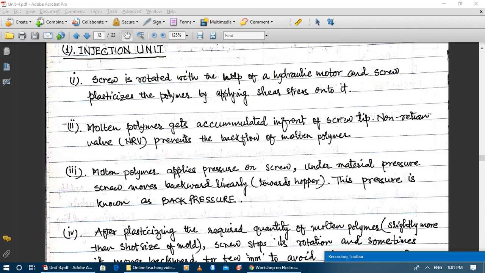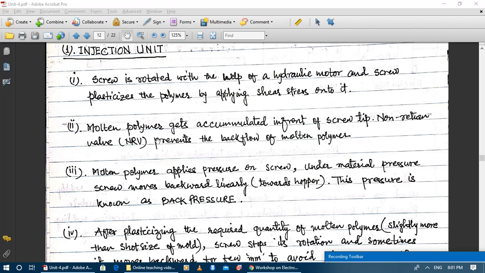As we have studied in the case of an extruder, there are drag flow and back flow. So in the case of an injection molding machine, to avoid the backflow of the polymer, a non-return valve is used. This non-return valve will allow the flow of the polymer from the hopper to the nozzle direction, but it will not allow the flow from the nozzle to the hopper direction.